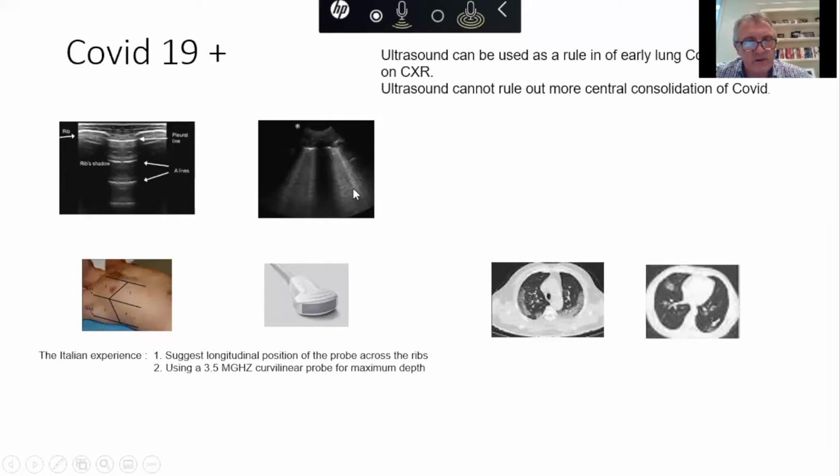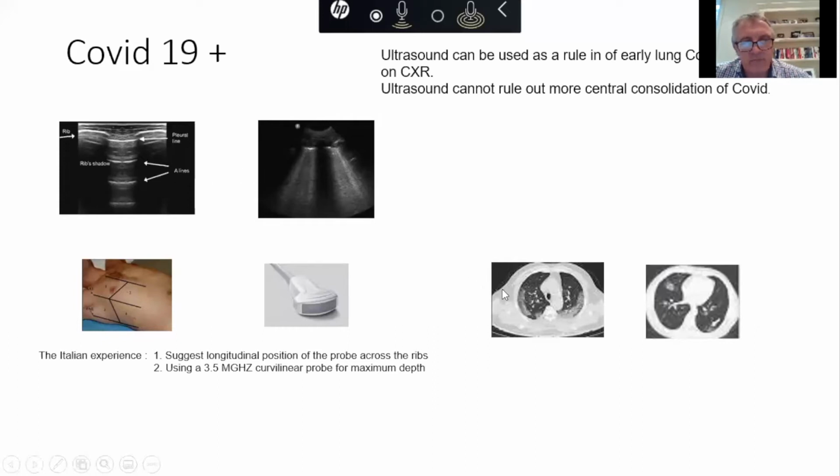If this is normal, and if we see this, we can say there's subpleural consolidation in the correct clinical context, which generally is a cough and a temperature. If we were trying to look at this lesion with ultrasound, we would fail because there's lung between the lesion and the chest wall, and this is what we would get.